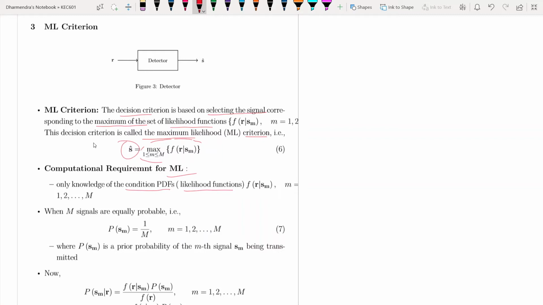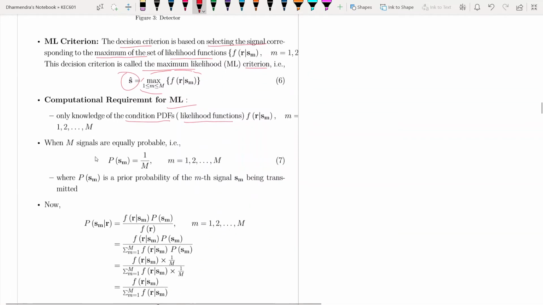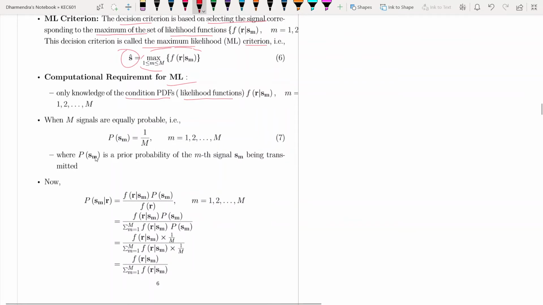In this case, when the M signals are equiprobable, the prior probability will be 1 by capital M. This is the prior probability of a signal being transmitted.